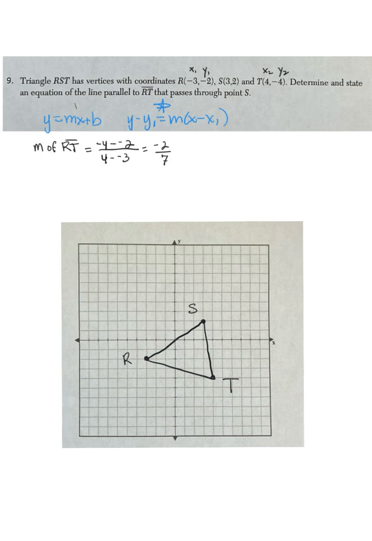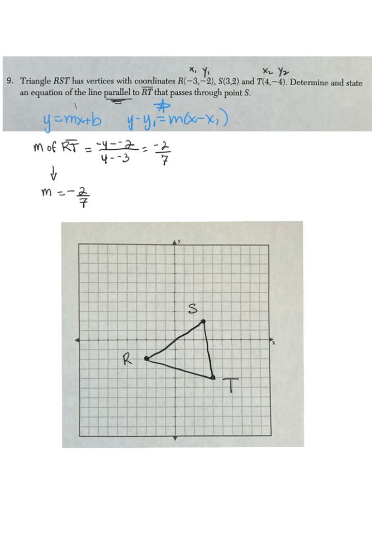So if the slope of RT is -2/7, then what would be the slope of the new line that will be parallel to RT? Parallel lines, right? So then wouldn't that mean that that slope would also be -2/7? Parallel lines have the same slope.